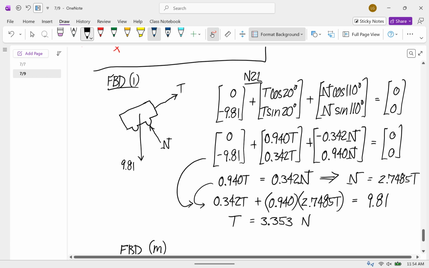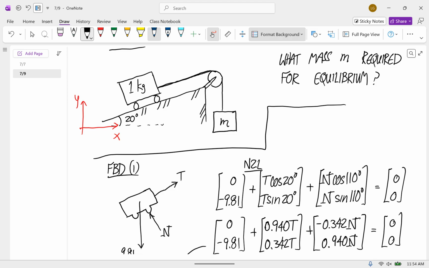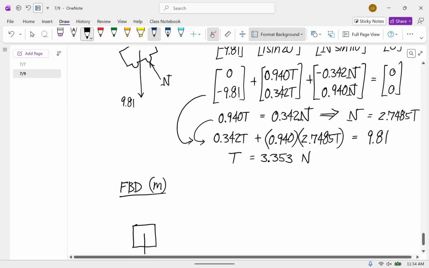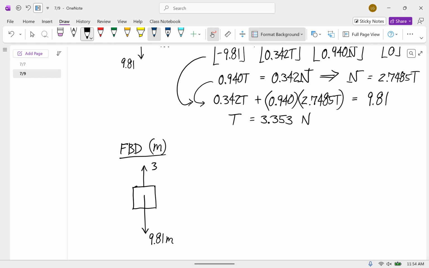And then since this is the same cable passing over a pulley, we know that the cable tension is going to be the same, just the direction is going to be different. So the rules for the direction are parallel to the cable, away from the body. And the magnitude is 3.353.